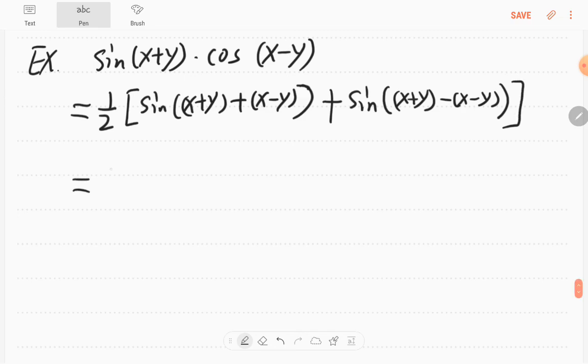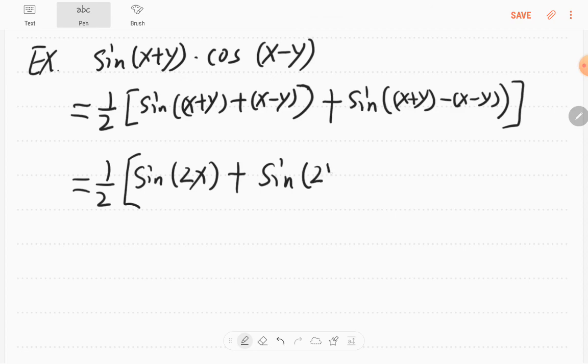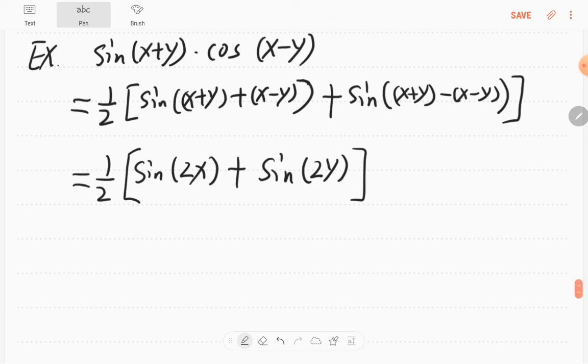So this is equal to 1/2 times sine 2x plus sine 2y. Okay, that's it. Of course, if you want to continue simplifying, you can write it using the double angle formula, but it's okay as for me. It depends on the problem.